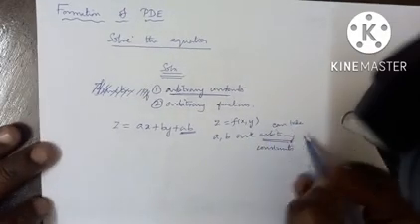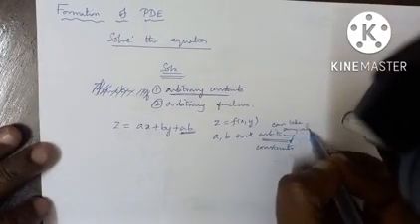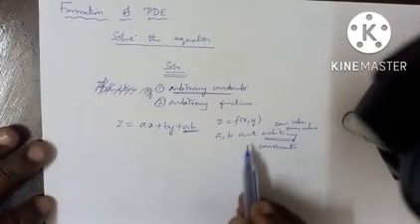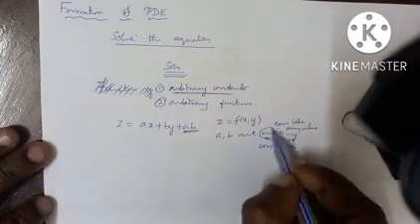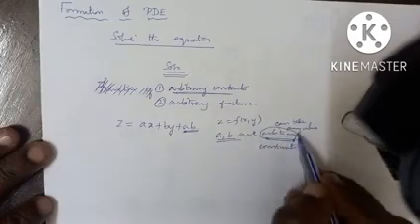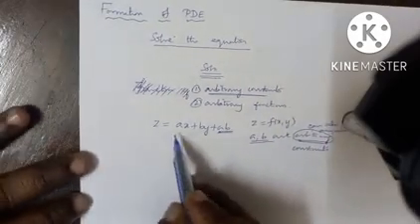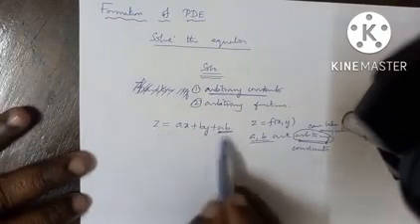A and b are arbitrary constants, that is, they can take any value. So this is a solution with arbitrary constants.